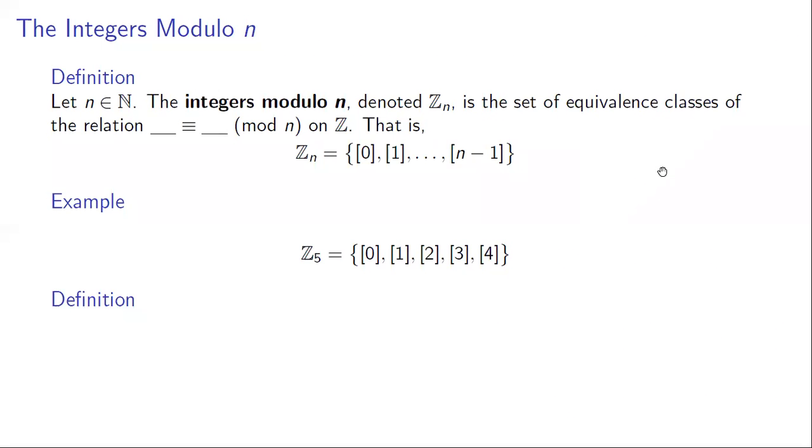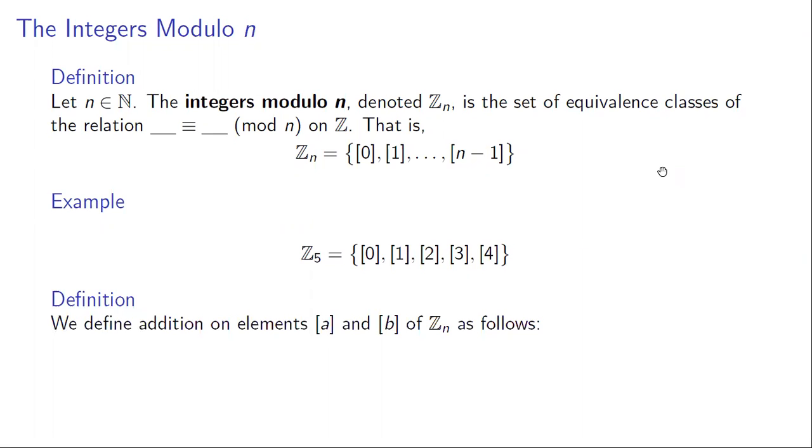So now we can do something very cool. We define addition on elements of Z sub n. So if we have Z sub n, like Z sub 5, we define addition among these elements. So for example, if we have elements A and B, or really the equivalence class of A and the equivalence class of B, and these are 2 elements of Z sub n, we add them as follows.